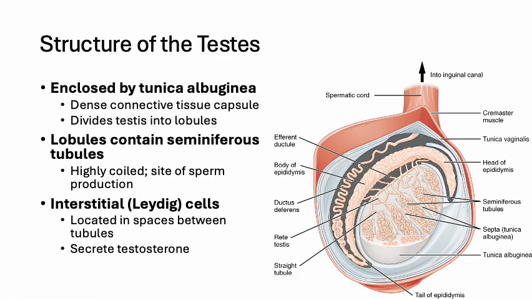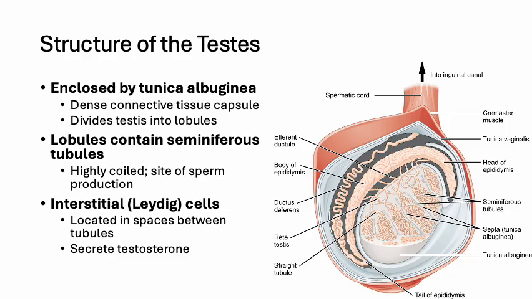Within the testes, a thick fibrous capsule called the tunica albuginea surrounds and protects the organ. It projects inward to divide the testis into roughly 250 lobules. Inside each lobule, there are 1 to 4 seminiferous tubules where sperm development takes place. These tubules are tightly coiled to maximize surface area for efficient sperm production.